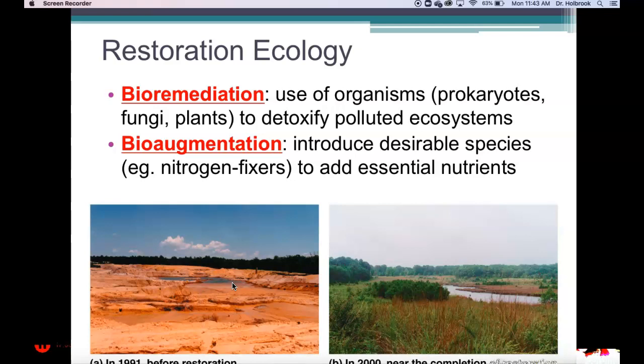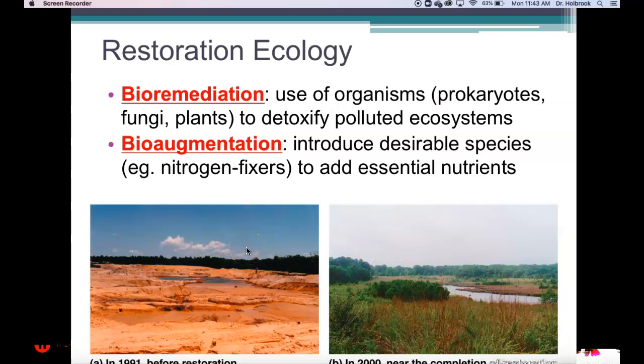Restoration ecologists can introduce species like these plants and lichens to sites polluted by mining, which happened over here on the left side, and other human activities. Then they can harvest these organisms to remove the metals from the ecosystem. So you can find plants that will actually remove the metals from an ecosystem, which is super cool, I think.